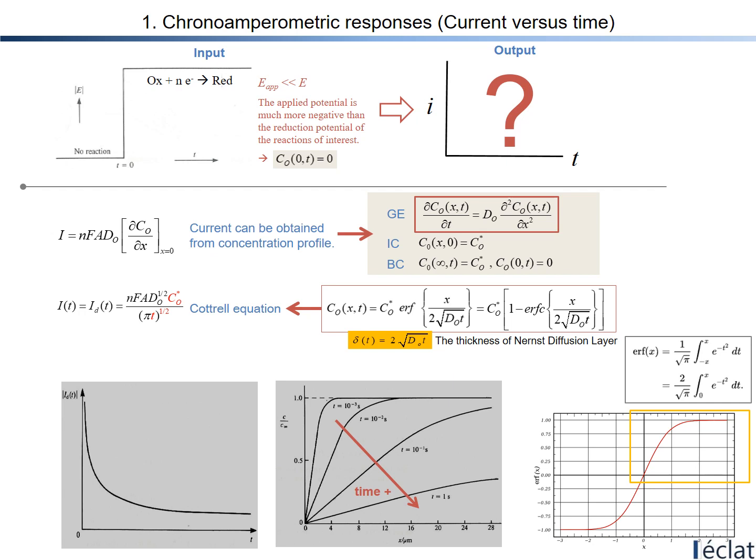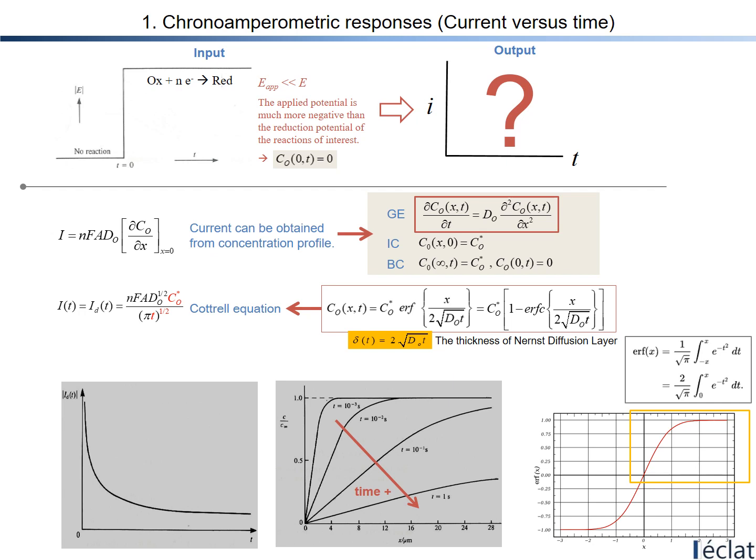Right now we have two diffusion equations, Fick's first law and Fick's second law. What is the meaning of those equations? The first law is the equation to obtain the current function. To calculate the current function, we need to have the concentration profiles.